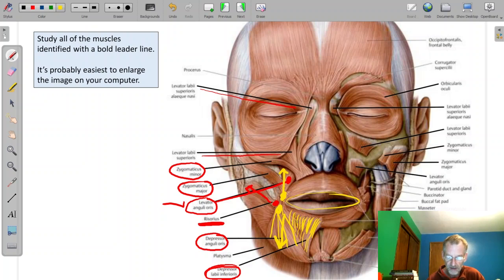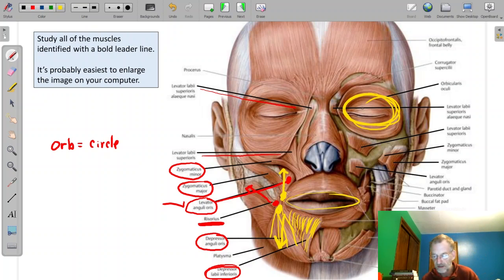The Orbicularis muscles are round, orb equals circle. So here are muscles that run in circles.